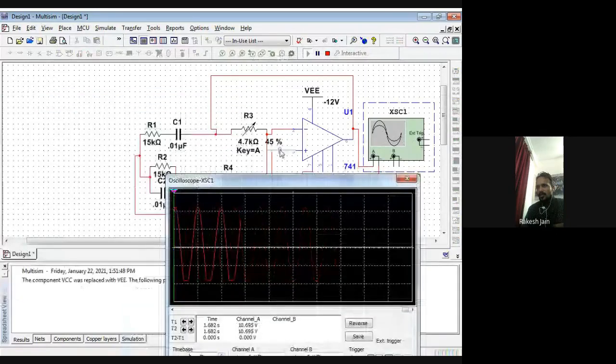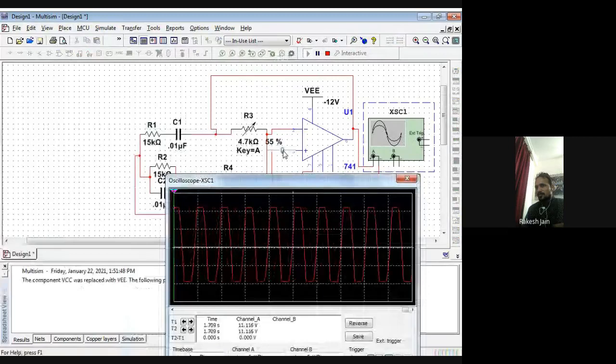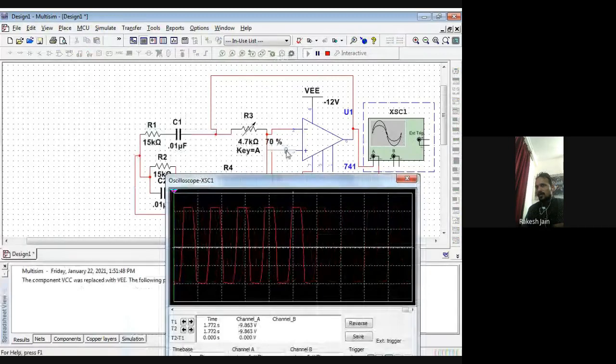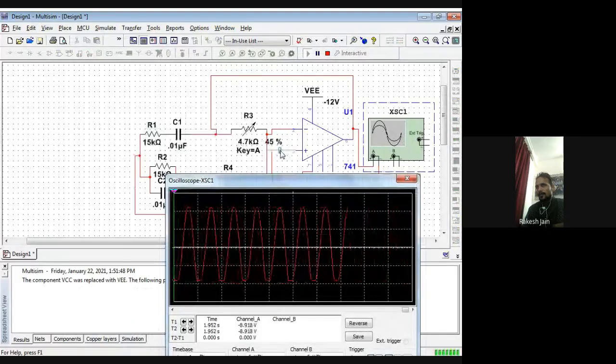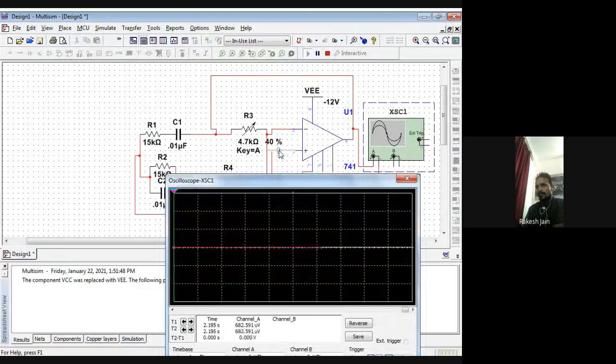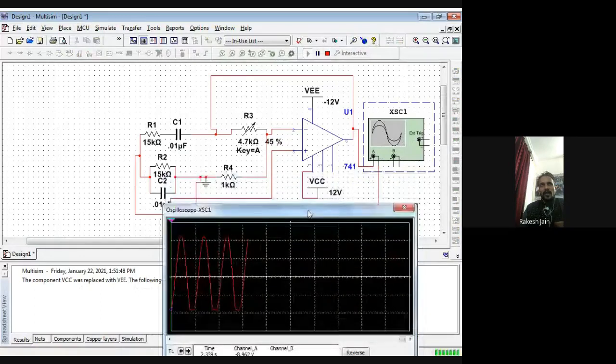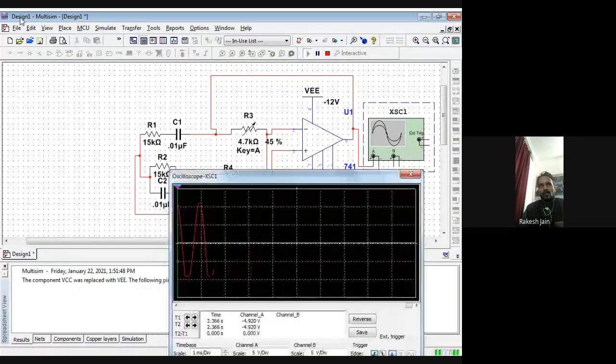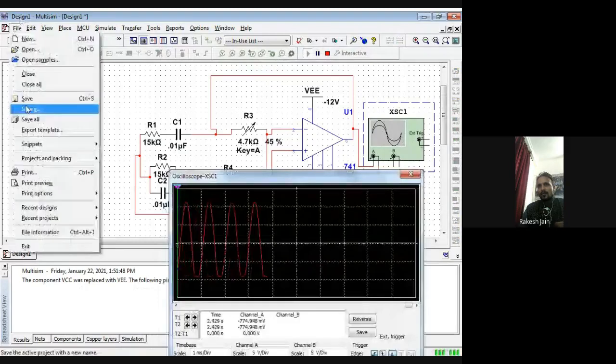So when I increase this one, the shape will change. You are able to see this one, and by decreasing to a perfect value, we will achieve approximately around 45% of this 4.7 K. Yes, so this is the output of this Wien bridge oscillator, and we perfectly did this practical.